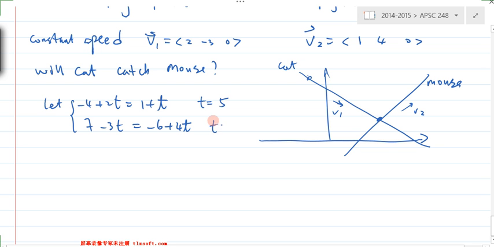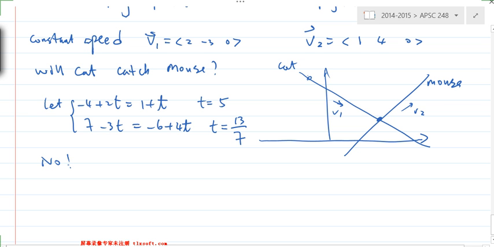Second one, pull the 3t over here, 7t, 6 over there, 13, so that's 13 over 7. Okay? So two t's are different. That means the cat is not going to catch the mouse, right? So no. Okay? No.